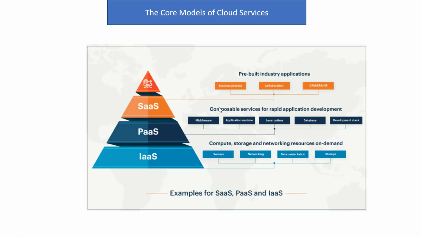Okay. So before we start SAP BTP and IAG, we'll discuss the core models of cloud services. What are the cloud services we have? We have different cloud services available in the market. That is IaaS, PaaS, and SaaS, and along with SaaS we have some hybrid models. But these are the three main models of cloud services.